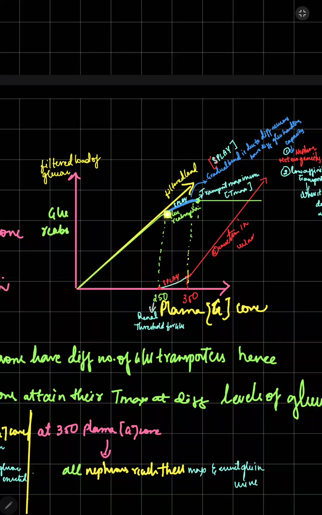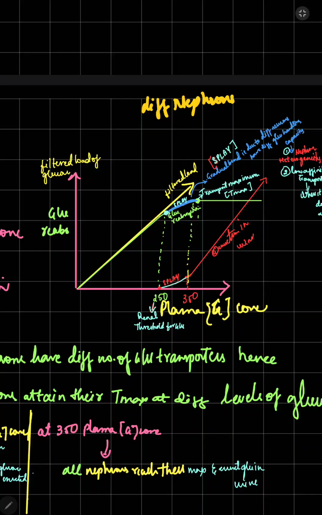So glucose absorption increases for some time, and around 250, what happens is a few nephrons are unable to absorb glucose. This means that different nephrons have a different capacity of glucose absorption, right?